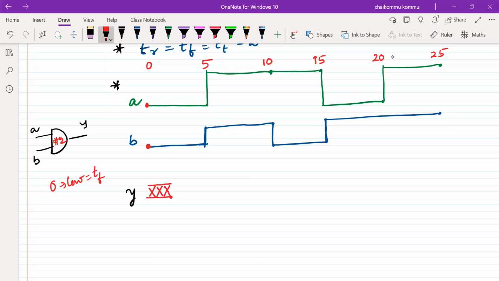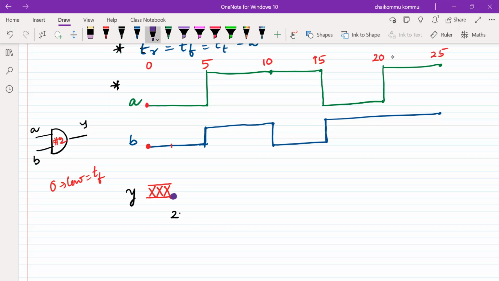For example, this is 2 nanoseconds of time. I'm writing 2 timing units here. Up to the 2 timing units, we don't know. At 2 nanoseconds, it is possible to know that there is a 0 value. Therefore, the 0 value is available at this point. Is it clear? Fine.